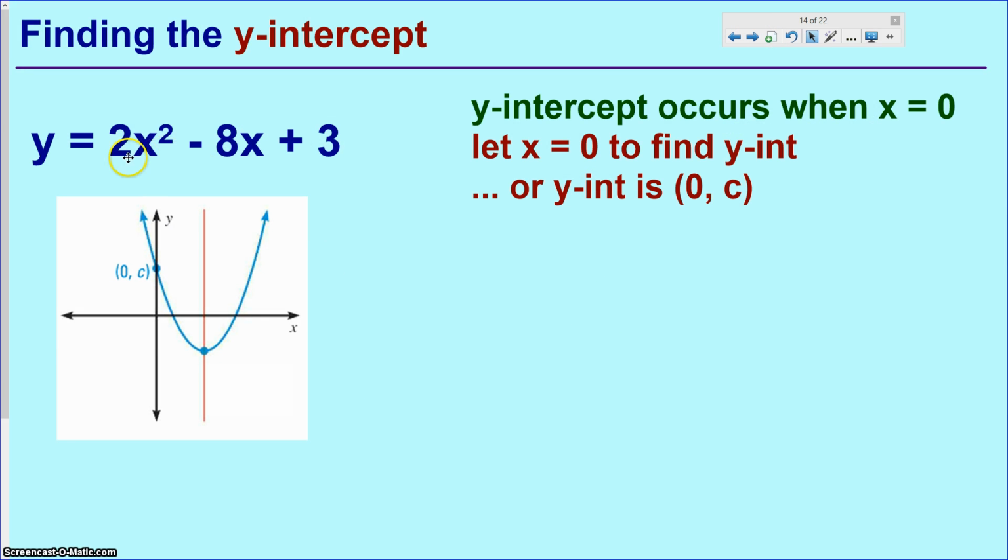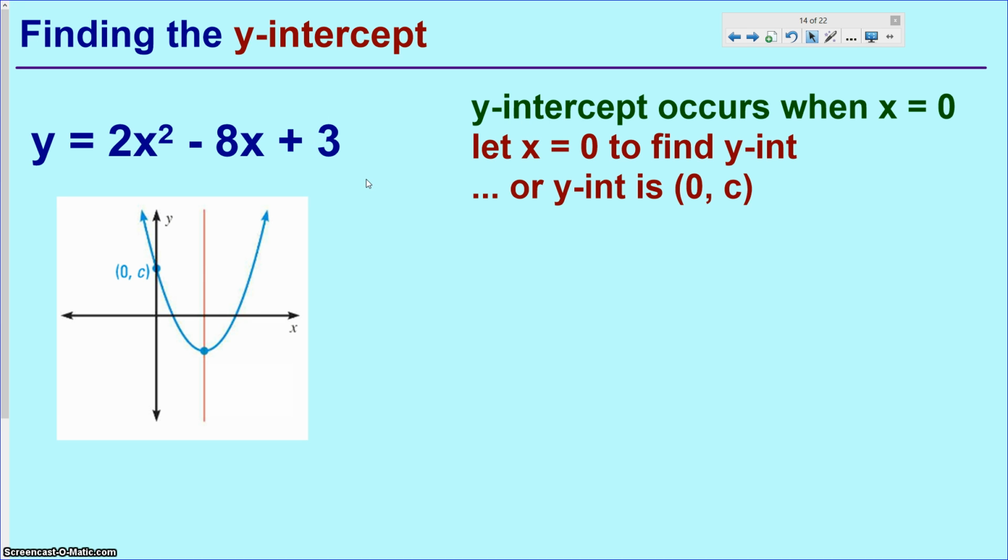So if we do that, in any of these functions, if I put in a 0 for x and a 0 for x there, we get 2 times 0 and -8 times 0. So those are both 0 and they just cancel out. That will always happen. It will always cancel out your a term and your b term. So the cool thing about finding a y-intercept is you can basically just ignore everything else in the formula and look at your c value.